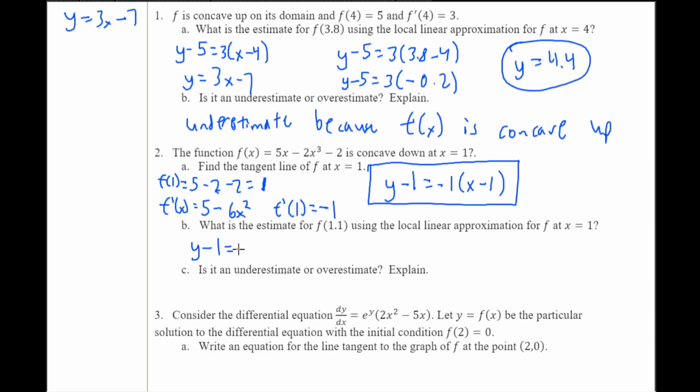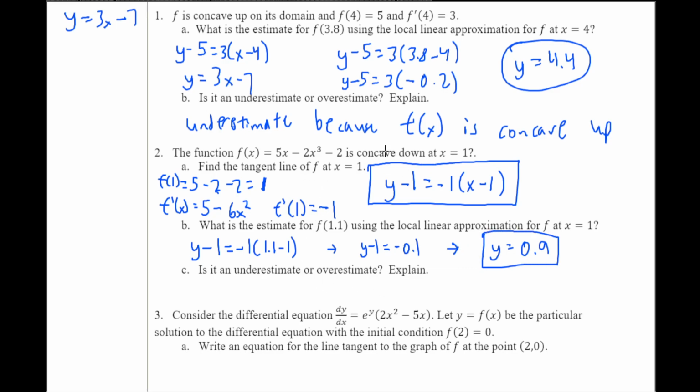Y minus 1 is equal to negative 1 times 1.1 minus 1. Negative 1 times 0.1 is negative 0.1. Then you add 1 on both sides, y is equal to 0.9.